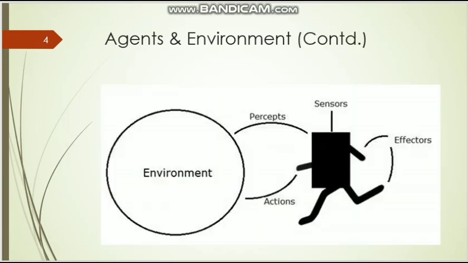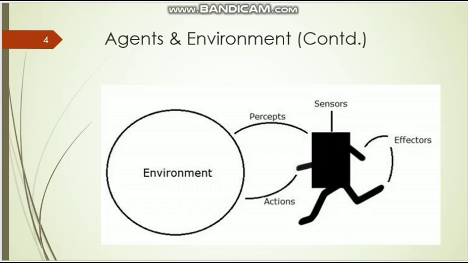Okay, so this is the structure of the agent and the environment. From the environment, the agent perceives something through some sensor. It has some effectors, and based on that it takes further action, which again changes the environment.